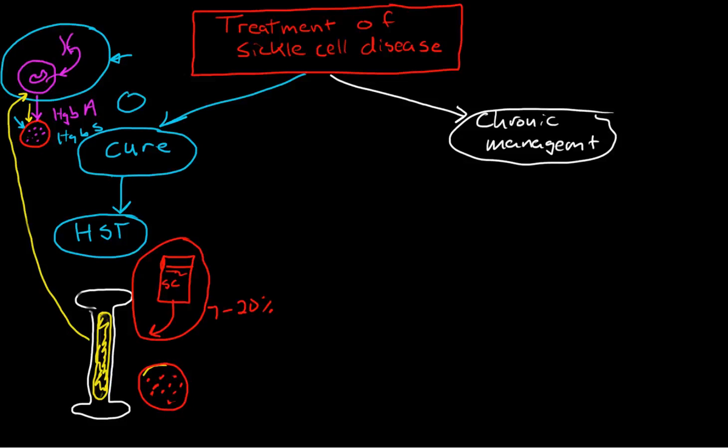This is called graft-versus-host disease, and this can cause mortality as well. So this is something to consider very carefully, and it's only available to patients that have healthy siblings.